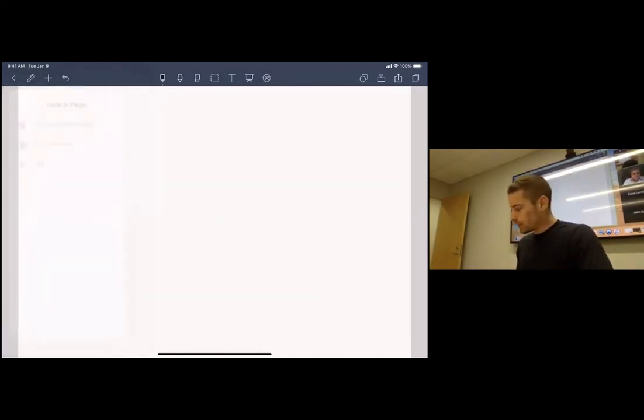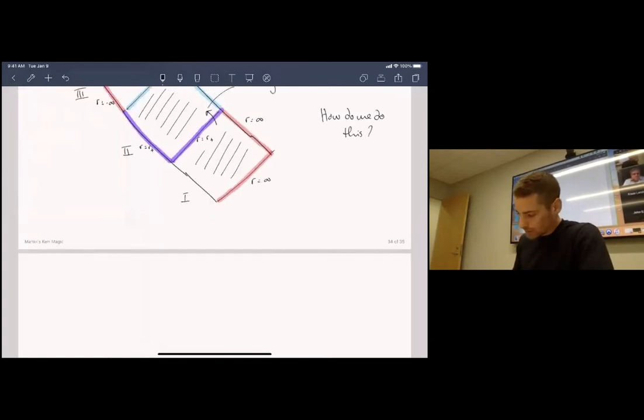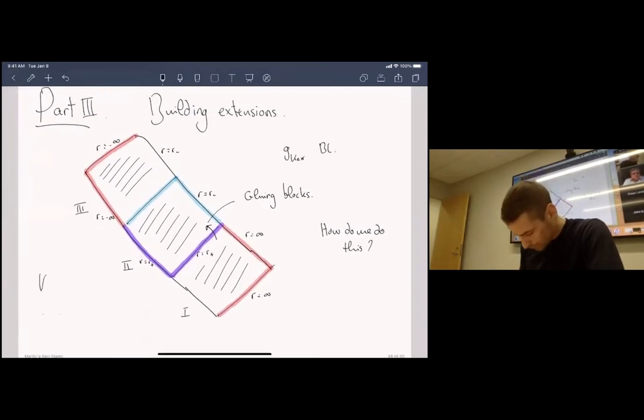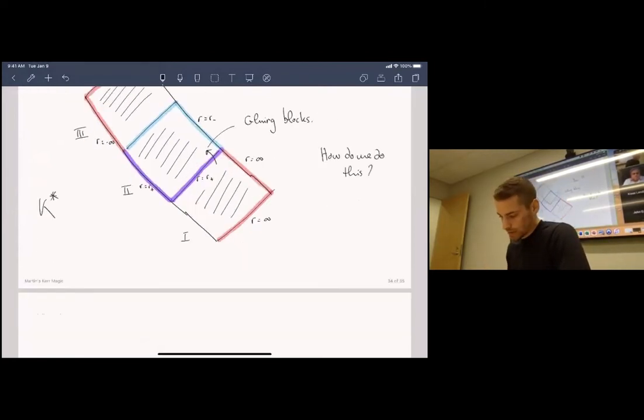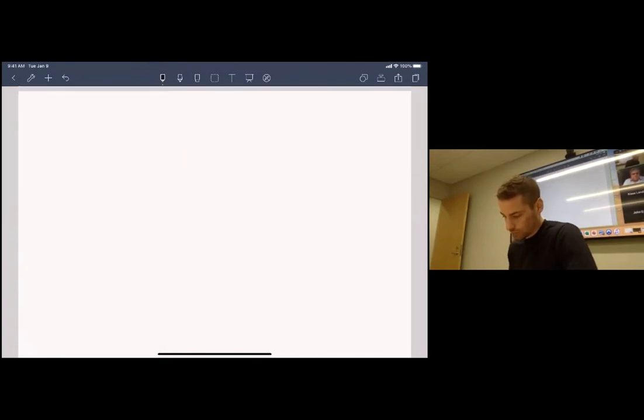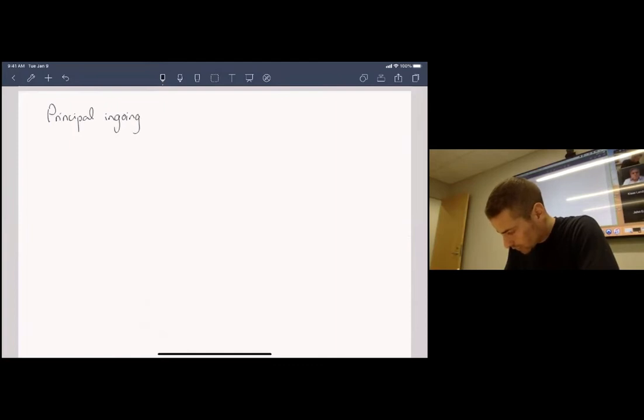Now, the way you do this, so I'm going to call this space-time Kerr star. And the way you do this is you select what's called principal ingoing null geodesics.